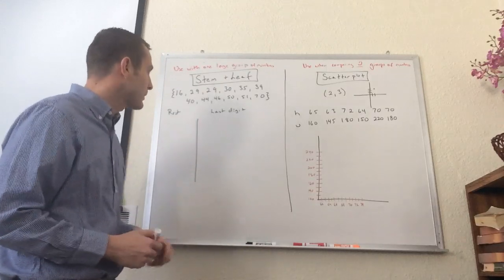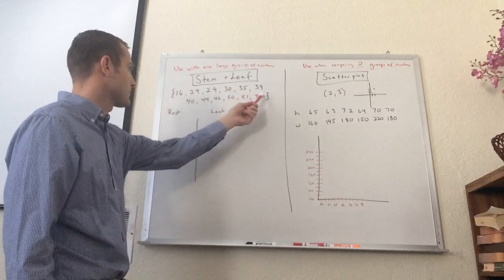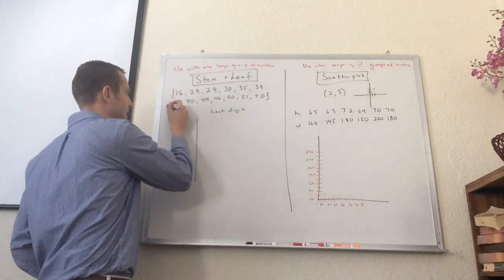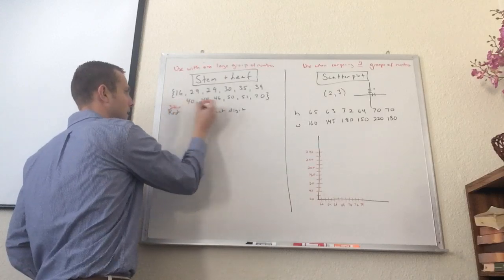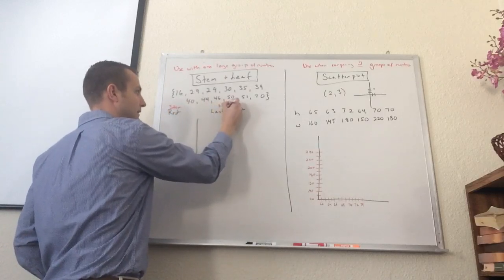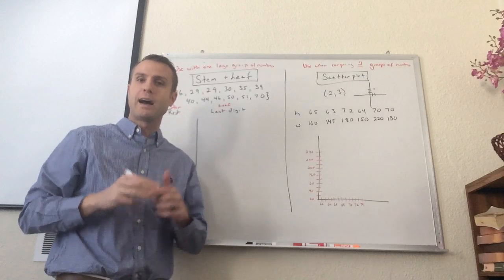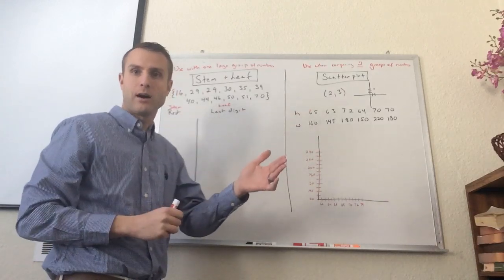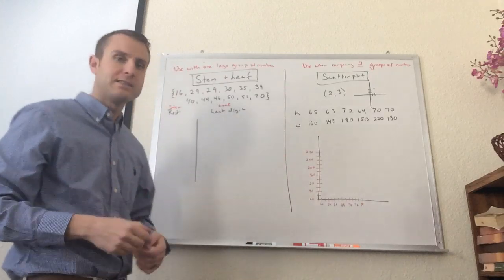So let's say I have this group of numbers right here. My left-hand side is my stem, and my right-hand side is my leaf. Just like on a tree, I have stems or branches, and on that stem I have a whole bunch of leaves that go off them. That's the same idea here.